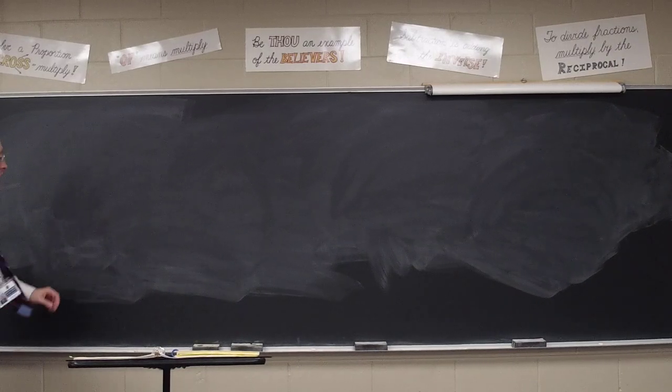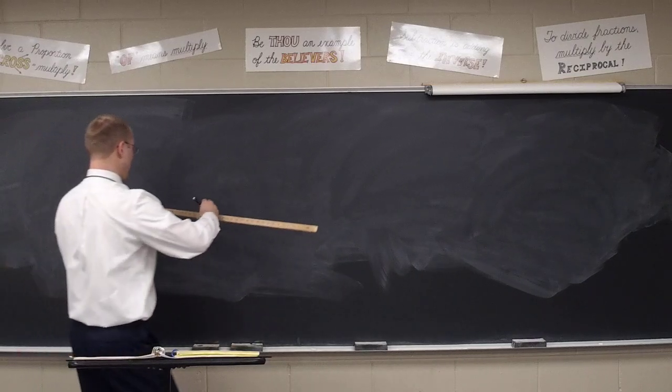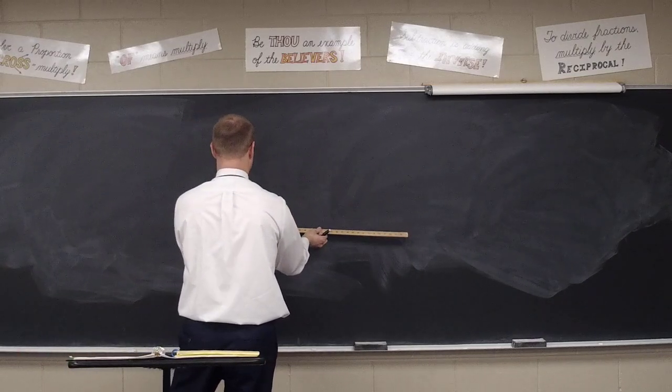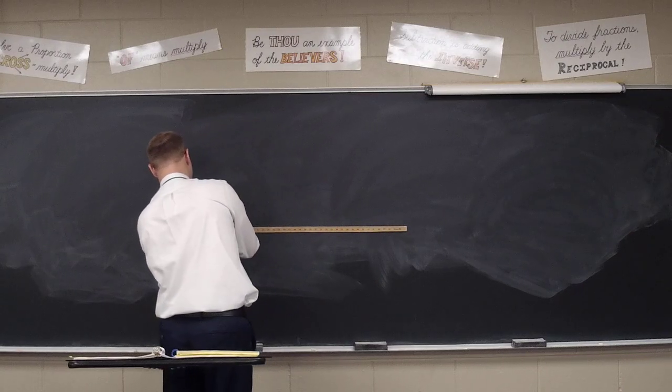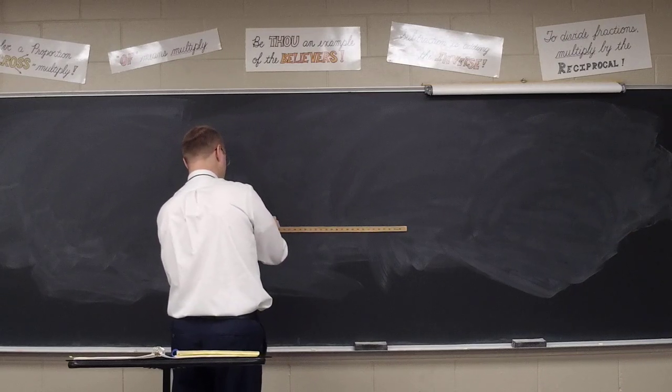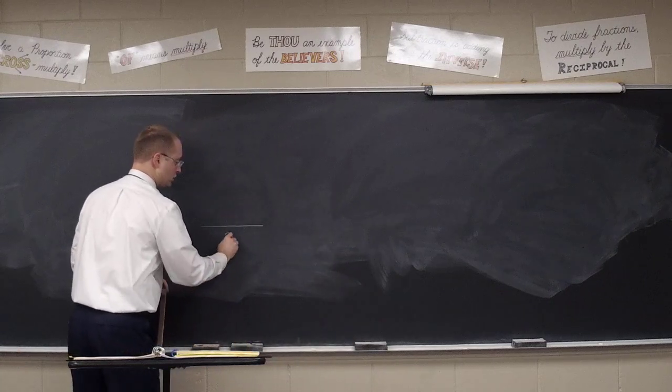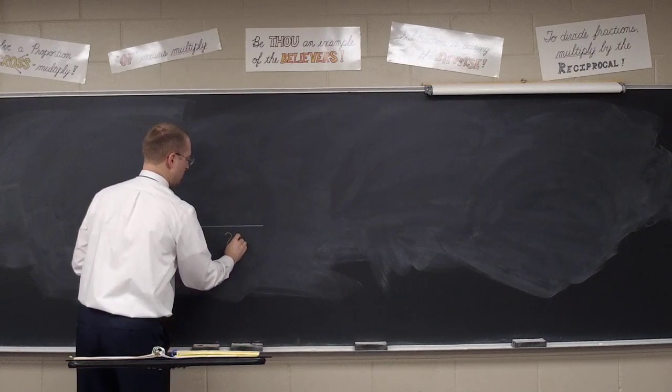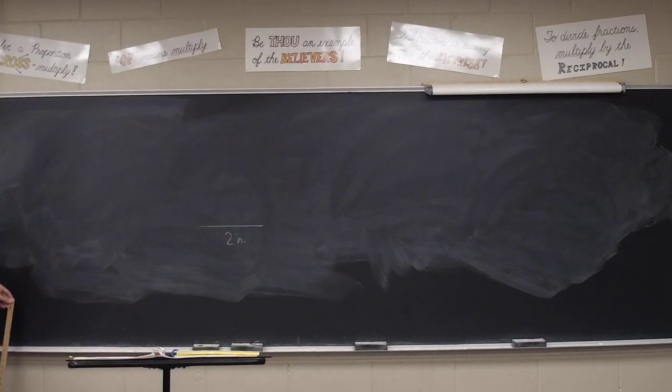So on your paper, let's go 2 inches. Let's draw a 2-inch long line. And we said every angle is going to be how big, class? 60 degrees.